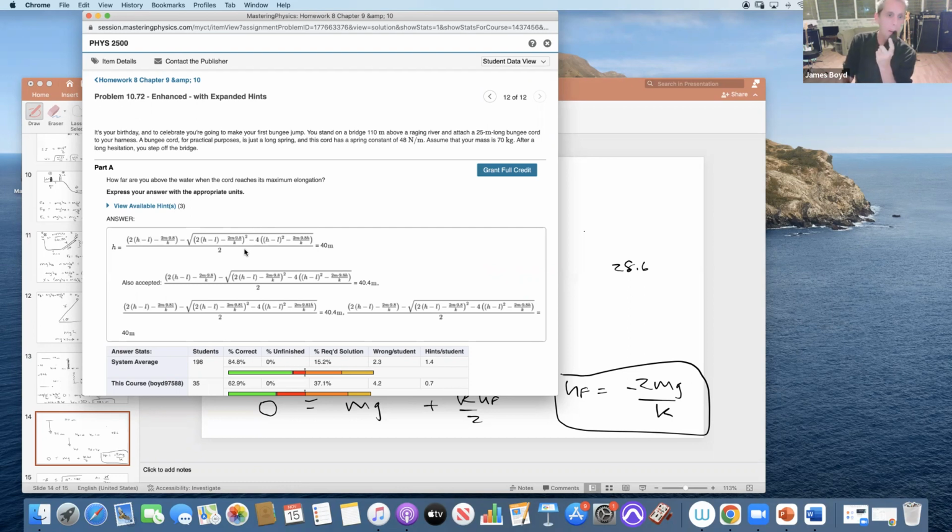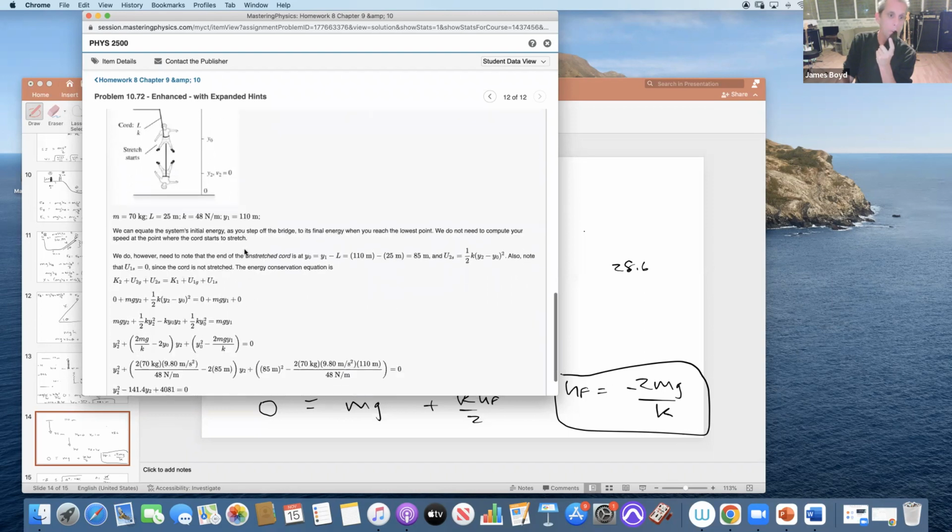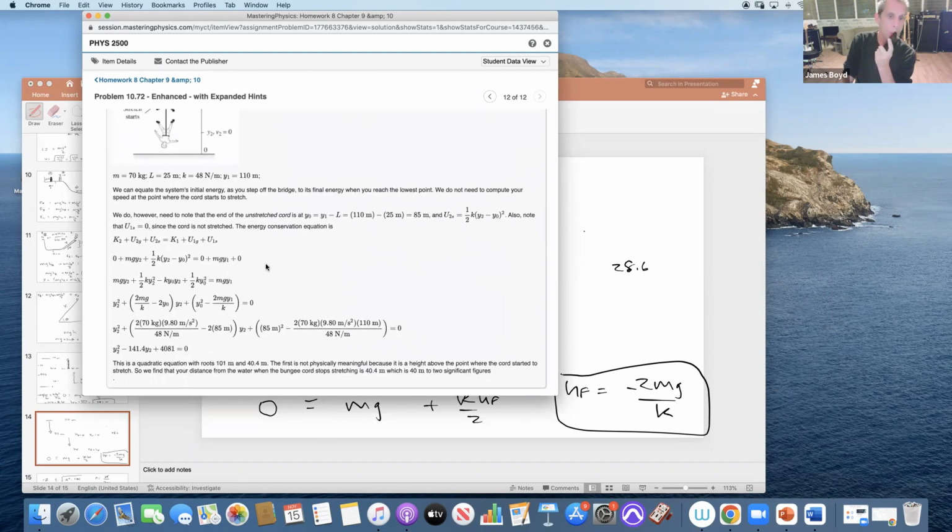So anyway, yeah. Oh, okay. Right. So this is saying that I have, but if Y initial is 0, oh, yeah, this is 0. So I let Y1 be 0. I don't get what they're saying here.